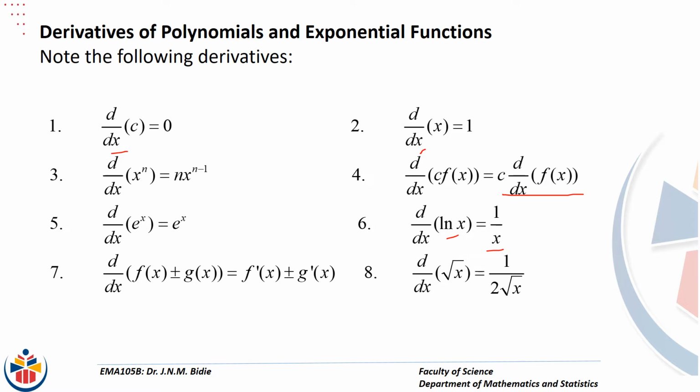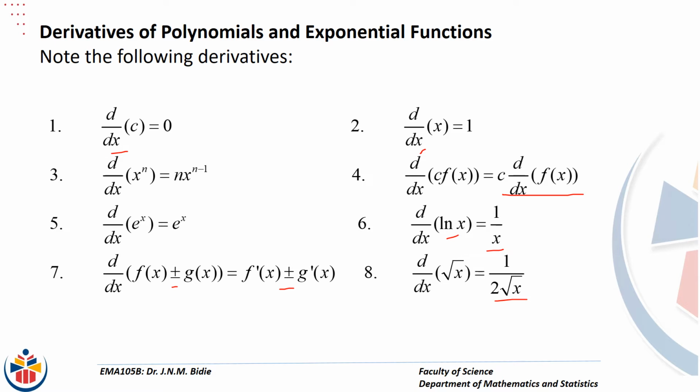The derivative of the square root of x will always give you 1 over 2 square root of x. And for the derivative of a sum or difference of two functions, what you do is spread the derivative inside. So that means you're differentiating f of x and you're differentiating g of x. Whether it's a sum or a difference, it does not matter.